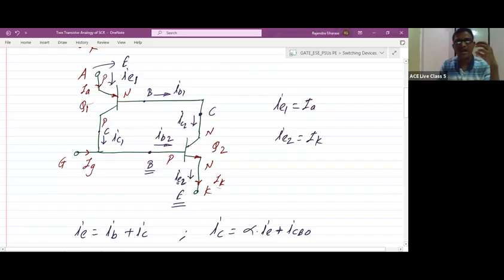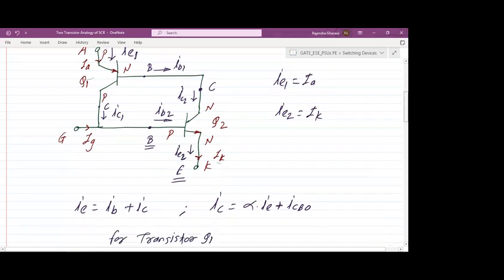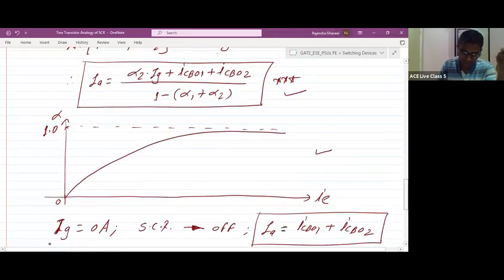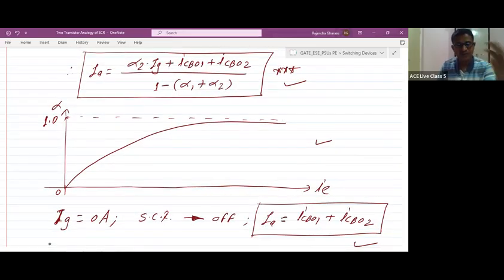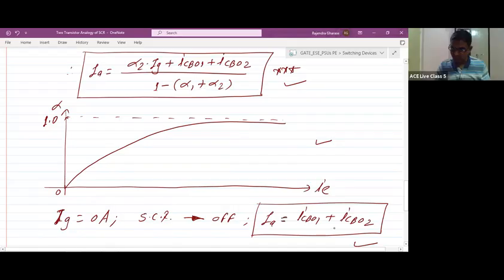If Ia is small, IE1 is small; if Ik is small, IE2 is also small. Then alpha 1 and alpha 2 are very small, so their addition will also be very small. So 1 minus alpha 1 plus alpha 2 will be nearly equal to 1, and that's why I have not written divided by 1.